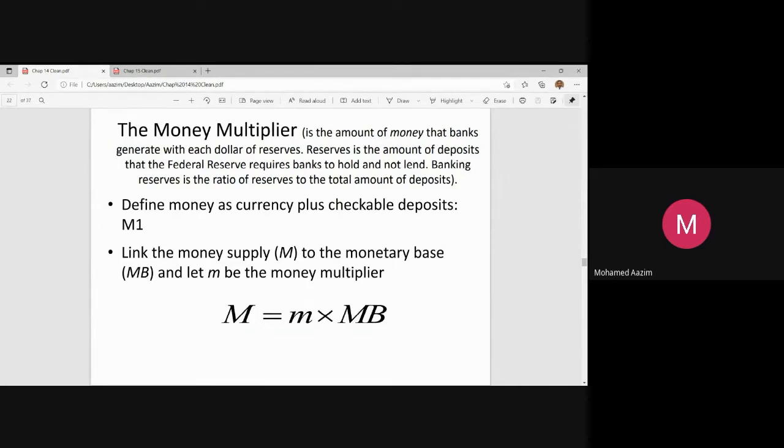Let's say you are a banker and you receive $100 of deposits, 100 rupees of deposits. Of this deposit, you have to keep a certain percentage, which is defined as the reserves. Mostly the statutory reserve is the amount that you have to keep with the bank. In the case of Sri Lanka, it is now 4%.